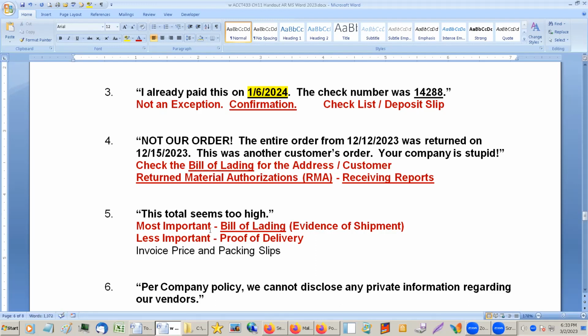Invoice price and the packing slips, and if they have it, you can also compare those to the customer's purchase order.